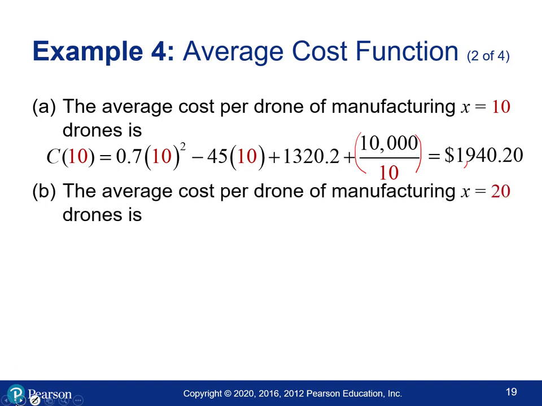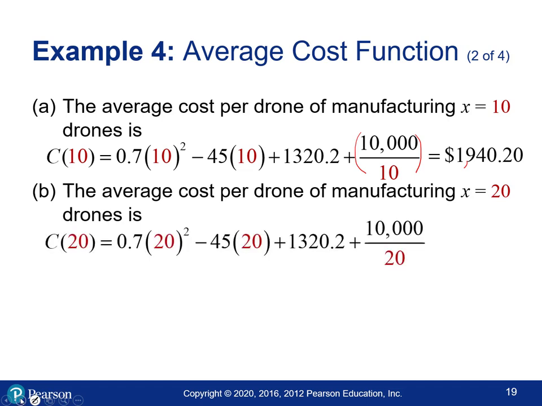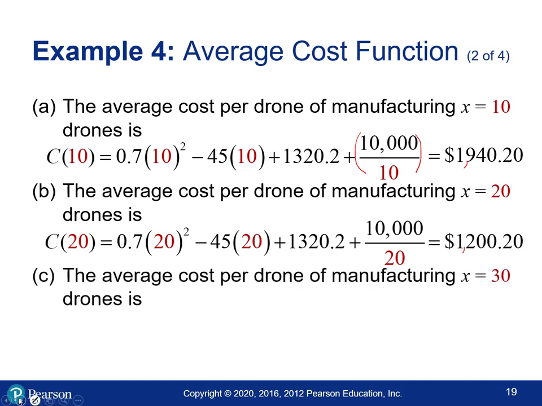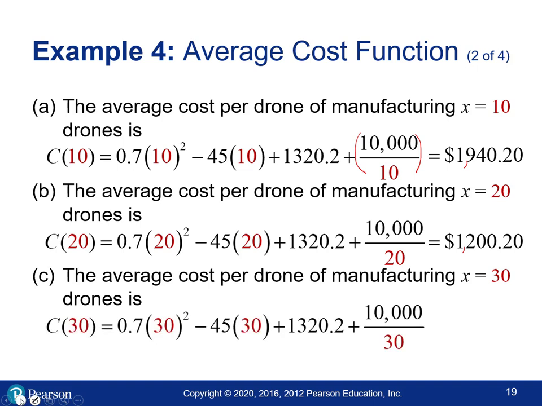So the average cost of manufacturing 20 drones per day, plugging in 20 for X, is $1,200.20. And then for 30 drones, plugging in X is 30, $933.53. So it's looking like heading toward higher drone manufacturing is making the cost go down.